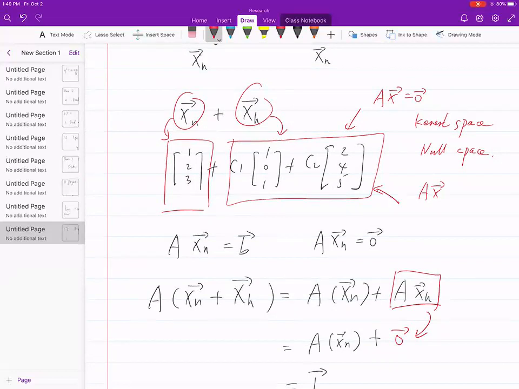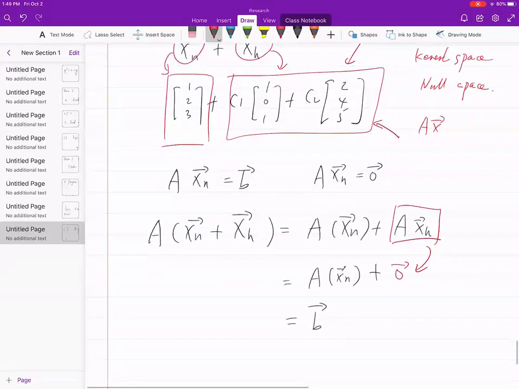The other part is all the ones which produce 0. So you add them, you don't add them, you still get the same number. If one thing is a solution, the solution plus whatever thing you put here is still a solution. Why? Because once you apply A, it's gone.